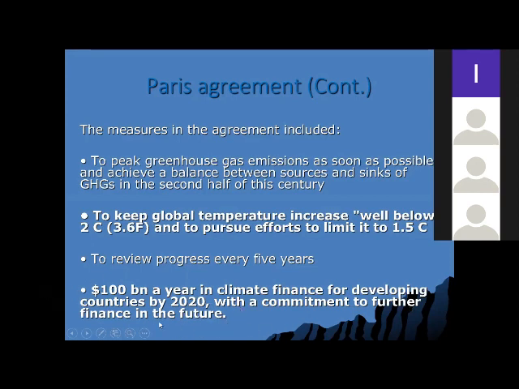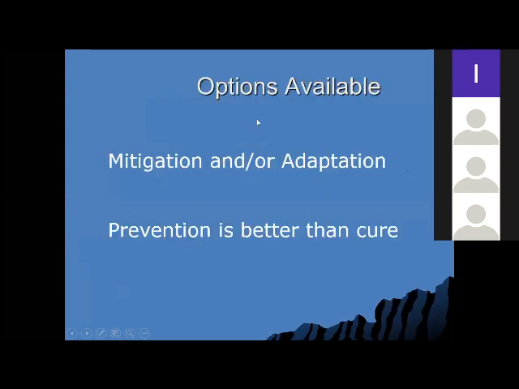This promise is not achieved yet, but there are some, though not close to this. Right. Now, options are available. What are the options available? As I said before, either mitigate, in other words, reduce emission, or if you cannot do anything, plan for the worst. In other words, adaptation. Try to live with it. Countries like us may have to live with it, so we need to plan for it.